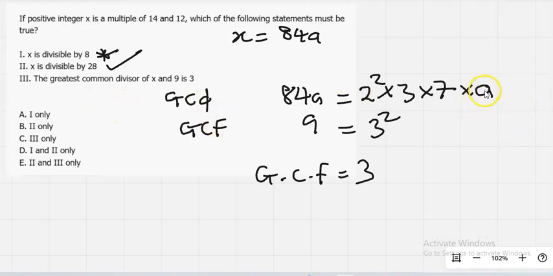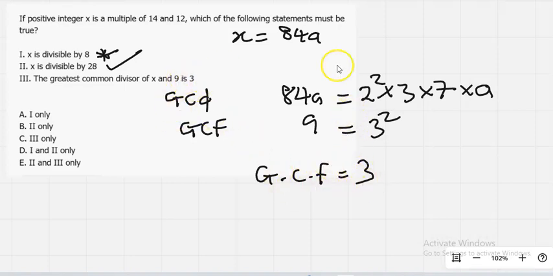No, the reason is because a could be 9, or 3 raised to power 2, or even 3. Then we have 3 raised to power 3 here and 3 raised to power 2 in 9, so 3 raised to power 2 will be the greatest common factor.